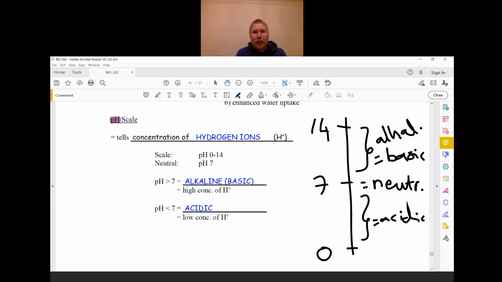What I do want you to remember about the pH scale is simply a mathematical representation of the concentration of hydrogen ions in that substance. So it just simply tells the relationship, how much hydrogen ions we have somewhere.